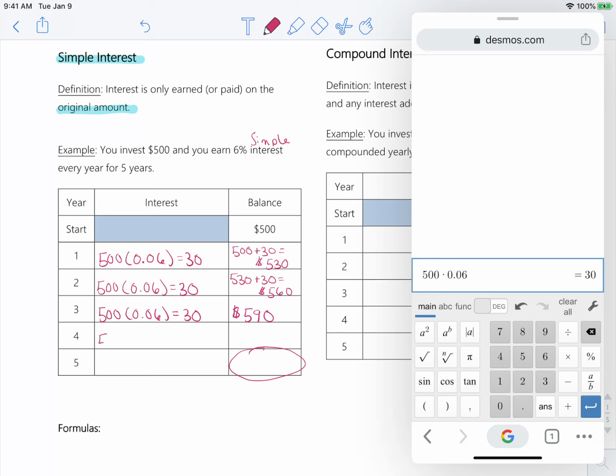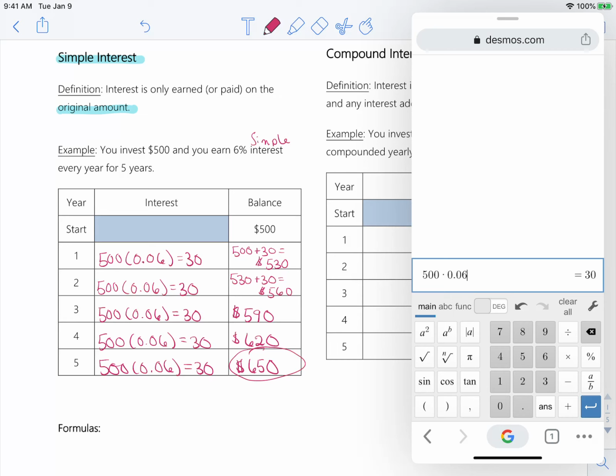Well, we know this is also going to be 30 for year 4. If I add 30 to 590, I get 620. And now year 5, once again, we get 30. So my total after 5 years will be $650.